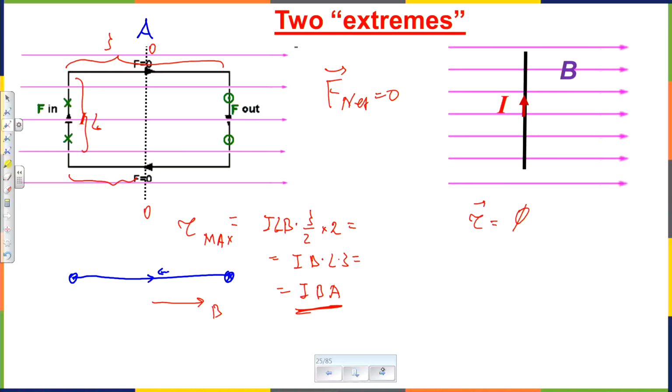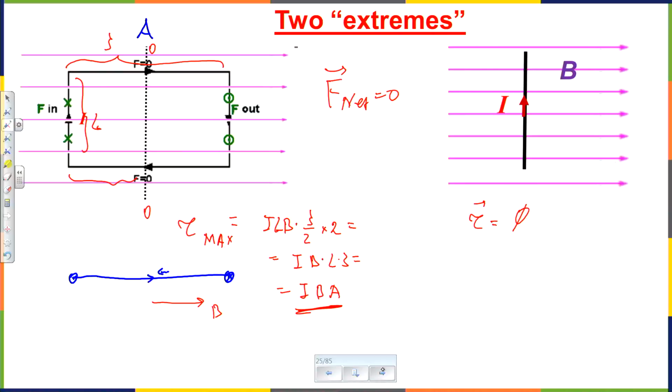So there is always a certain angle from 90 to 0. But historically and for other reasons, people don't use the angle between the loop and the field. They use the angle between the vector which is perpendicular to the loop and the field. This vector has a name, and you know that name because we know perpendicular always means normal.